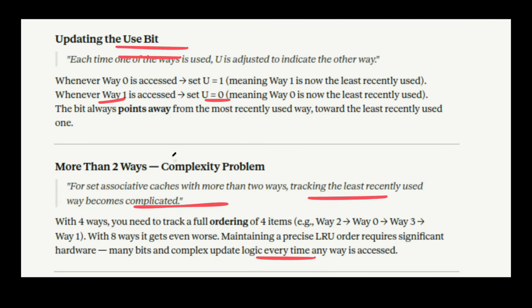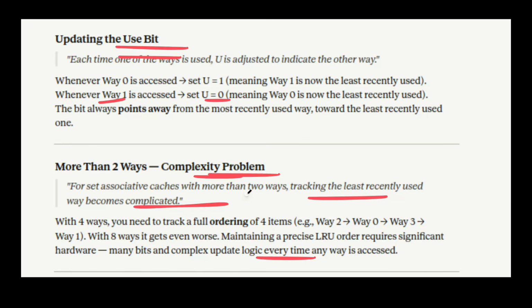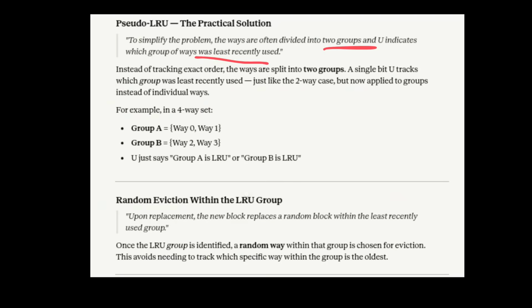Now there is a complexity problem. When a lot of ways are there, this would result in a lot of hardware and complex logic, and we have to maintain a very large LRU order. To prevent that, instead of tracking the exact order, the ways are split into two groups.